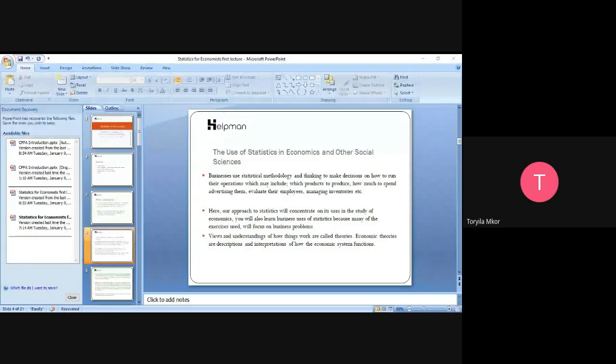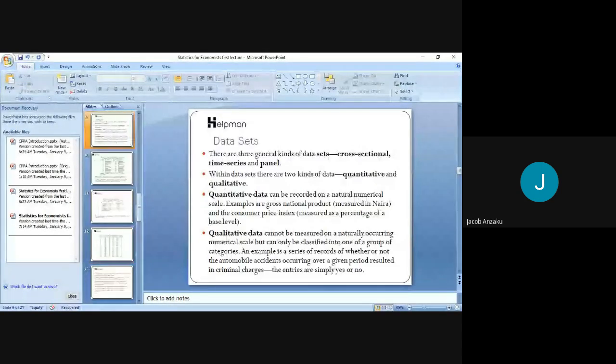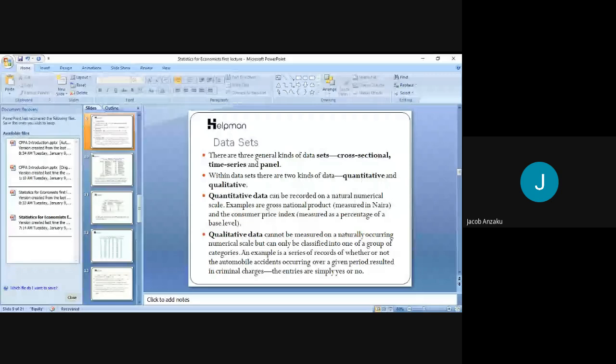If it's on PowerPoint, F5 should display. Help us with the voice.